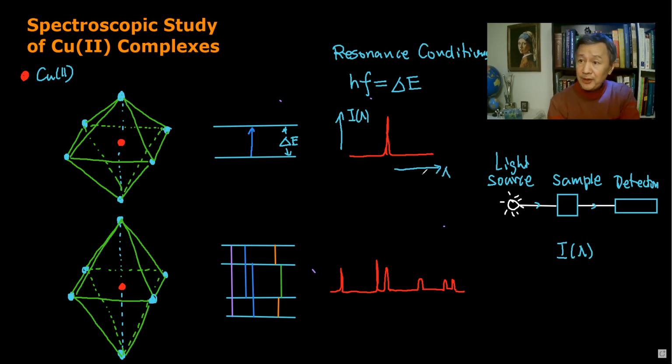This is a very good example. Actually, this example is used in many textbooks to demonstrate how to apply optical spectroscopy together with theoretical modeling to obtain the actual structure of metal ion complexes.